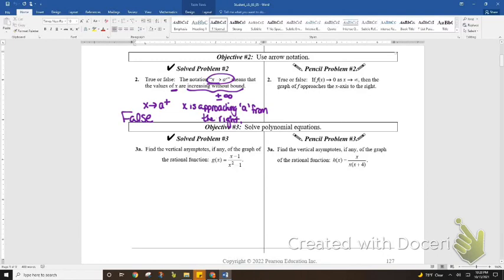Alright, pencil problem 2, again, is true or false. If f of X approaches 0 as X approaches positive infinity, then the graph of f approaches the x-axis to the right. Well, if X is approaching positive infinity, which direction are we going, to the left or to the right? So this is going to be to the right.